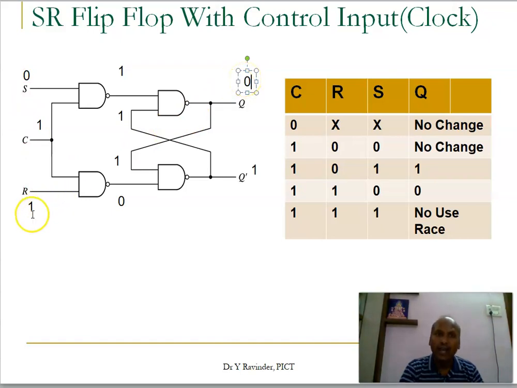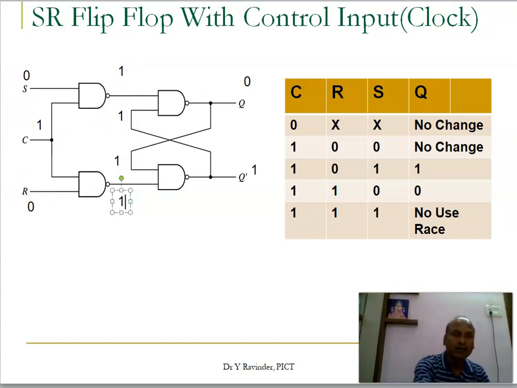And now I'll make R also 0. So this is 0, this is 0, this is 1, this is 1. If I say this is 0, this becomes 0. So 0 1 again makes this 1.